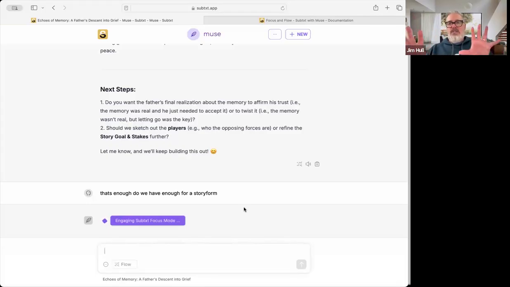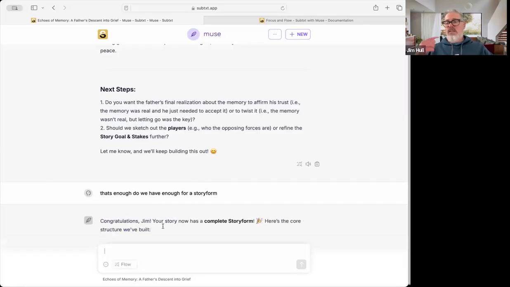Muse has two workspaces now. There's the Muse workspace where it's free flowing, do whatever you want. And then Develop is after you already have a story form and you really want to go through and fill in all the boxes and make sure you have all the different pieces that are in there. So you'll see, this is great. It actually engaged focus mode on its own.